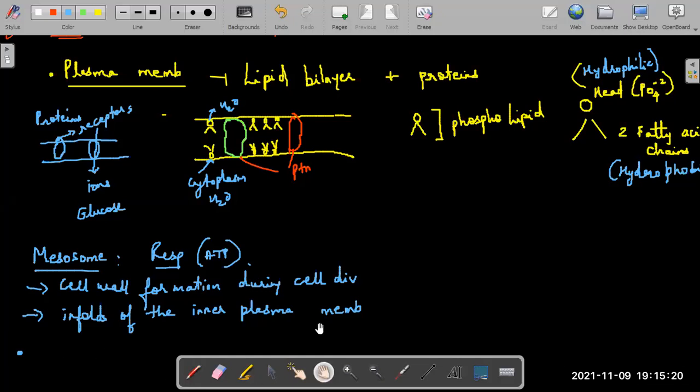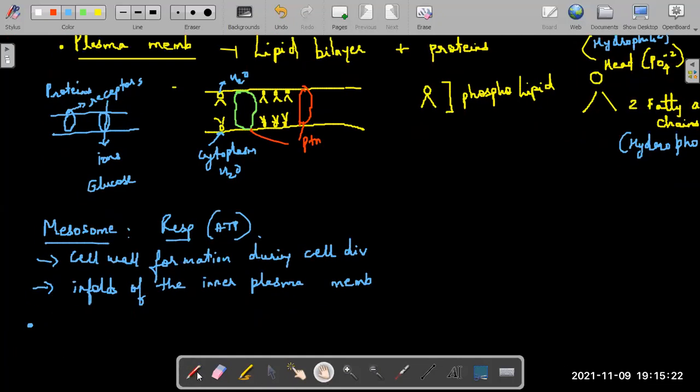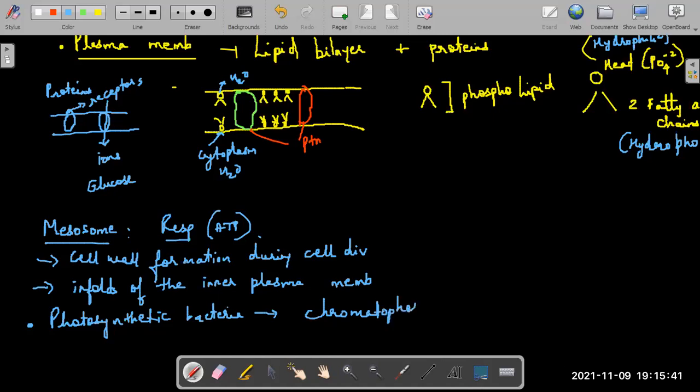Now, photosynthetic bacteria basically have something called chromatophores. Now, what are these chromatophores? They are also plasma membrane extensions only.